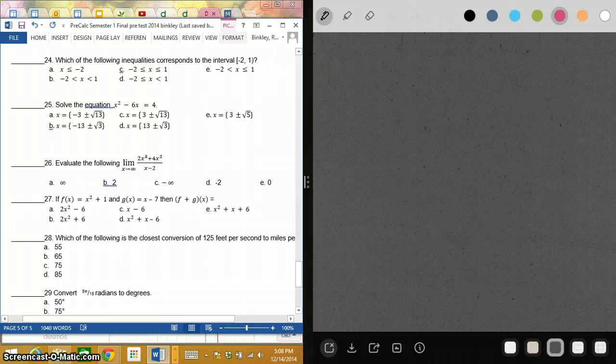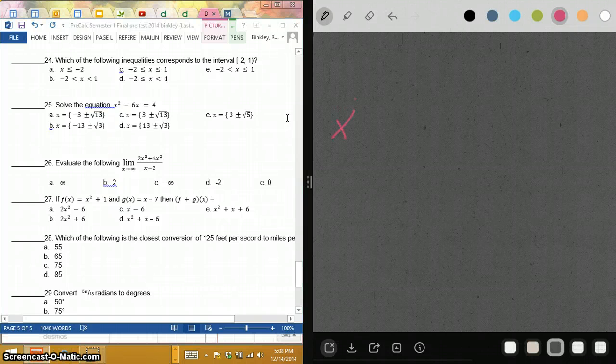Find f plus g of x. So really simple, we're just going to add these two together. So f is x squared plus 1. And I'm going to add to that whatever g is, which is x minus 7.